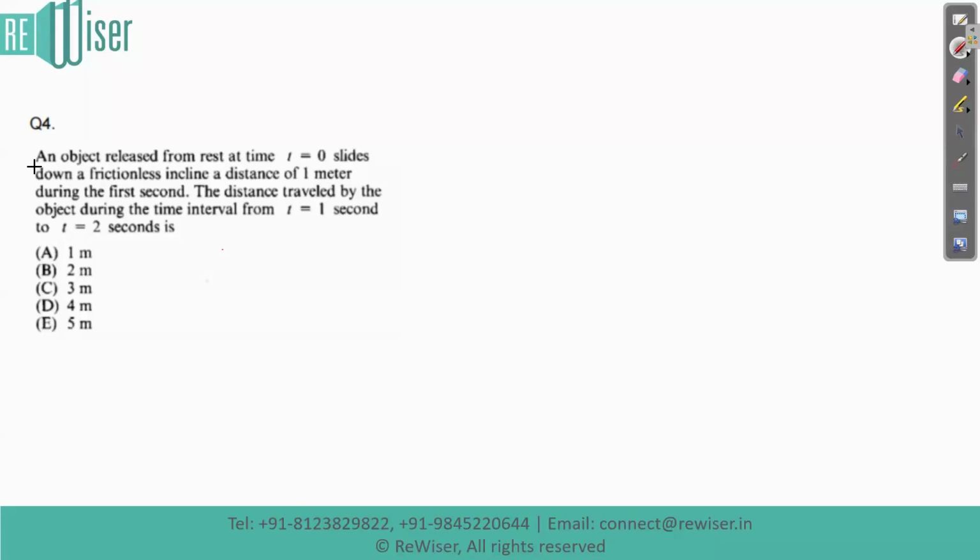Hello, as you can see in this question, it is asked: an object released from rest at t equal to 0 slides down a frictionless incline a distance of 1 meter during the first second. So this is the frictionless incline. An object is at t equal to 0, u is equal to 0.